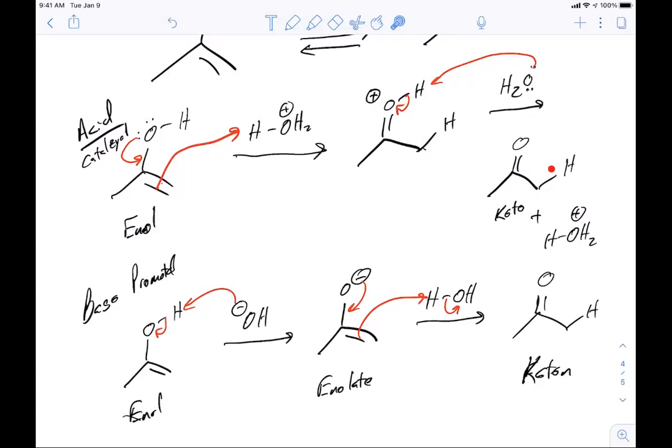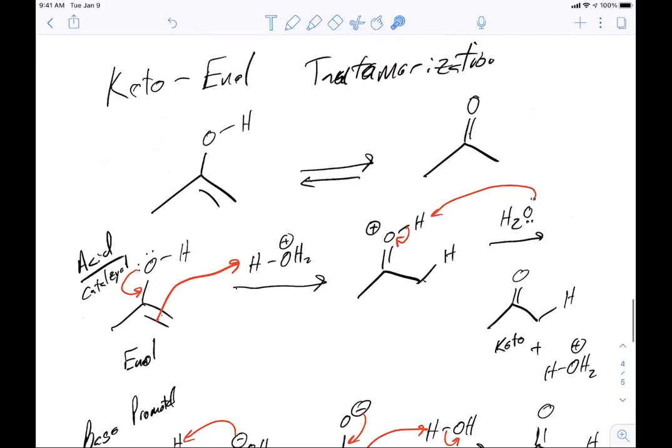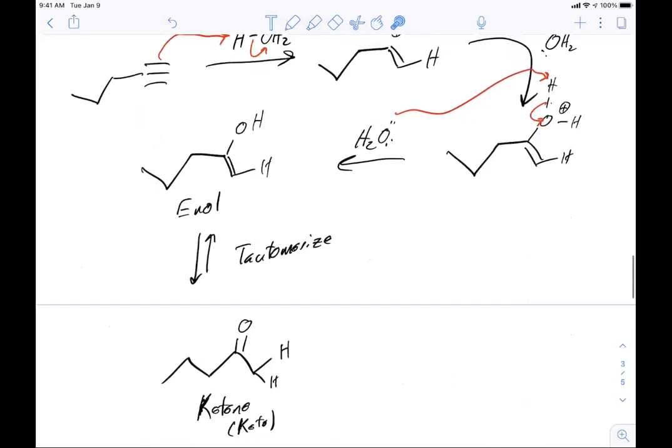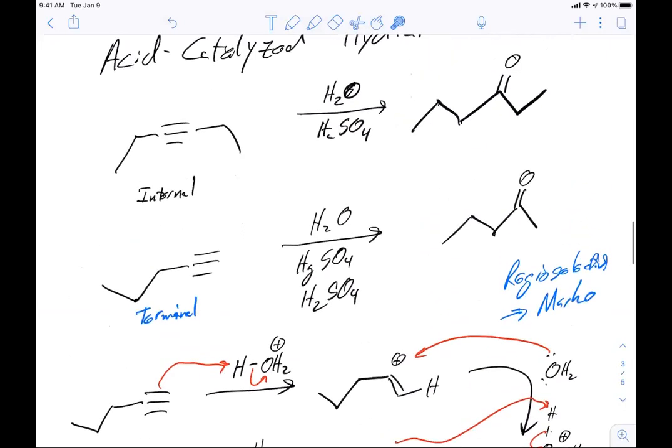So that's really different. With the acid, you're going to add the proton, and then you're going to fix your proton transfer there. Here you're doing the base subtraction, and then you're doing the proton addition to the double bond. So, it's important to go ahead and do both of them at the same time. Okay. Right, so that's keto-enol tautomerization, which is the last step to the acid catalyzed alkyne hydration.